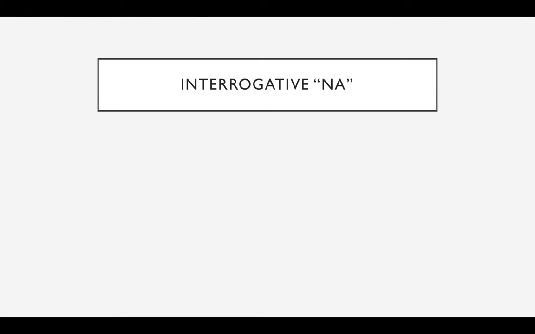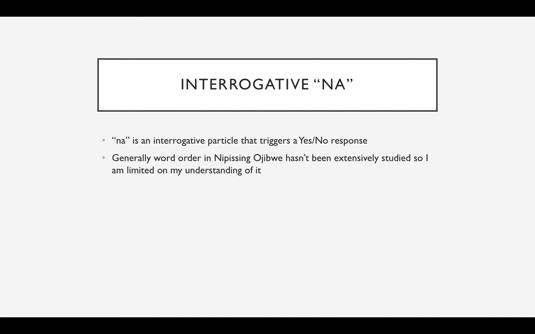Interrogative na. Na is an interrogative particle that triggers a yes-no response from your audience. Generally, word order in Nipissing Ojibwe hasn't been extensively studied, so I am limited in my understanding of it. Na is generally best suited in second position of your question, so kind of like the second word.